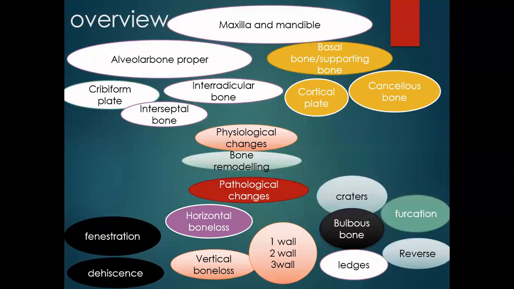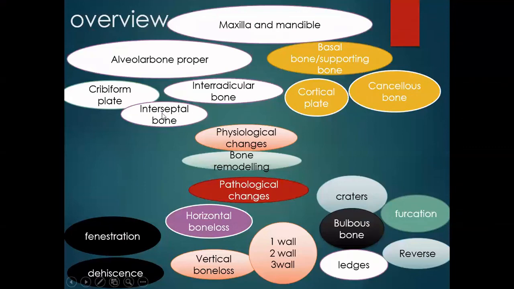So we see some of the overview of the class. The maxilla and the mandible have alveolar bone proper and the basal bone structures. The alveolar bone proper has parts: the cribriform plate, interradicular bone, and the interseptal bone.